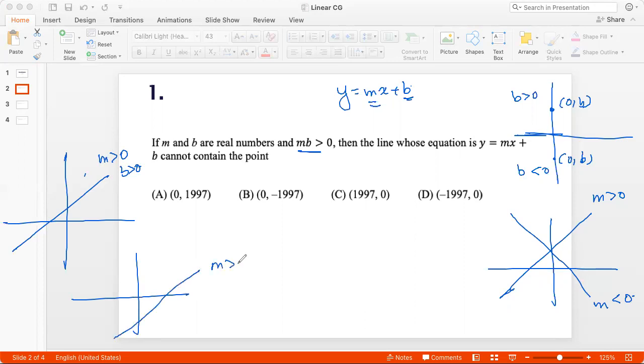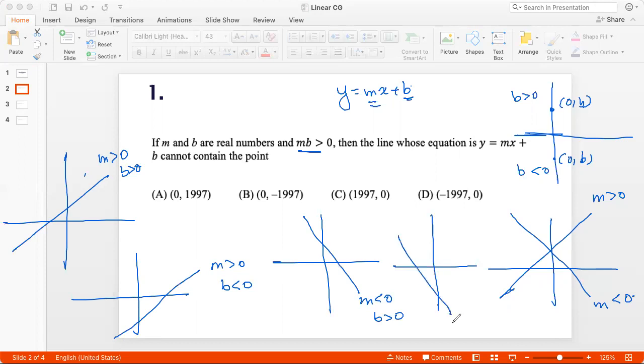This line has m positive, b negative. This line has m negative and b positive. And this line has m negative and b negative.